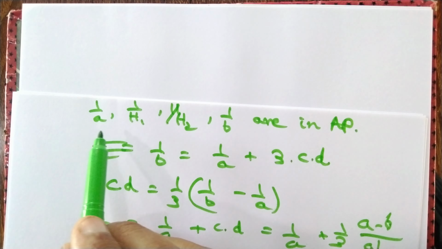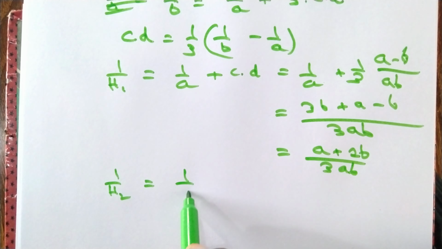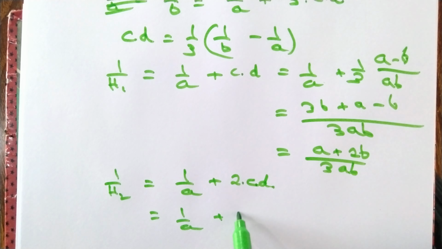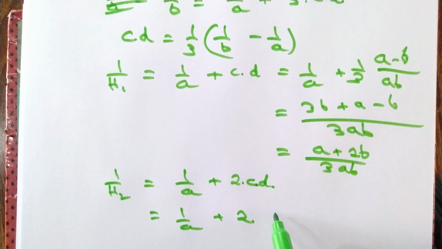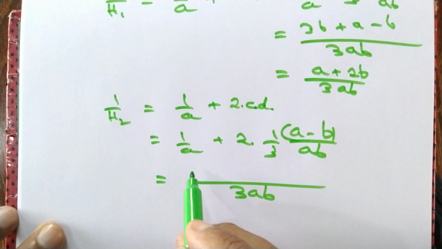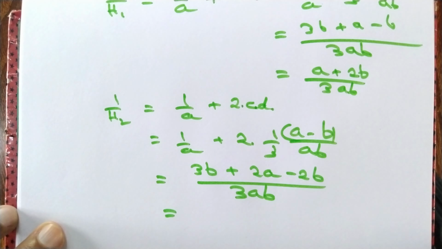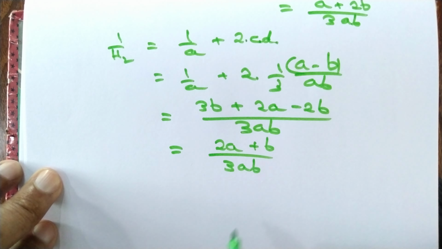Again, 1 by h2 is the third term, so 1 by h2 equals 1 by a plus 2 times the common difference, which is 1 by a plus 2/3 of a minus b by ab. Let's simplify it. The LCM is 3ab, so we get 3b plus 2a minus 2b, which equals 2a plus b by 3ab.